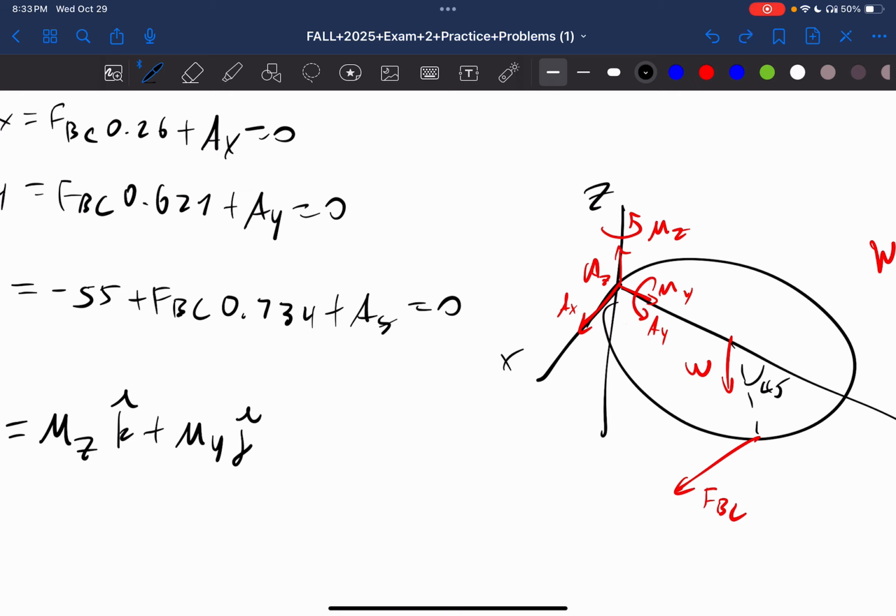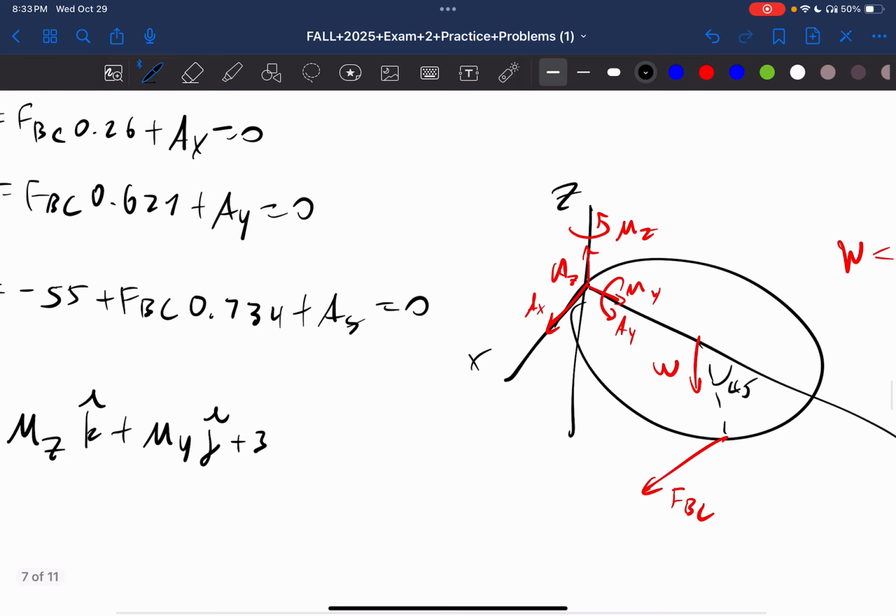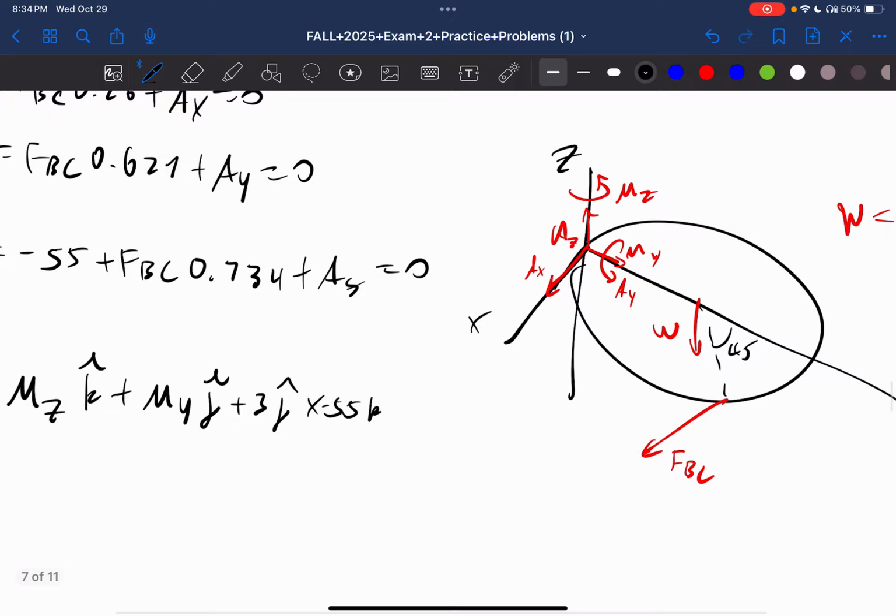So all of these forces here, they don't do anything. We have a force here which does something, which is going to be the weight times 3, I think. Yes, so we're going to have 3, which is from here to here, which is in the J direction. 3J cross weight, which is in the K direction. 3J cross 55K, it's going to be negative 55K.